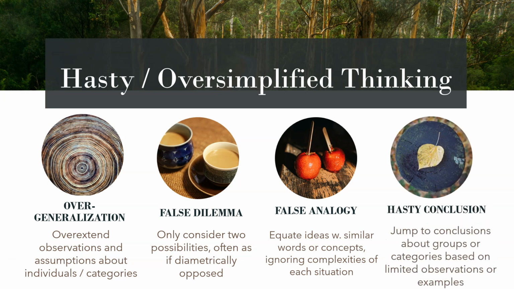And then also hasty conclusions. This is very similar to an overgeneralization. So we jump to conclusions about an entire group or an entire category based on limited observations or a limited number of examples. Saying something like, students never do their homework because I know for a fact that these two students haven't done any of the reading, so therefore I can generalize that students never do the reading.